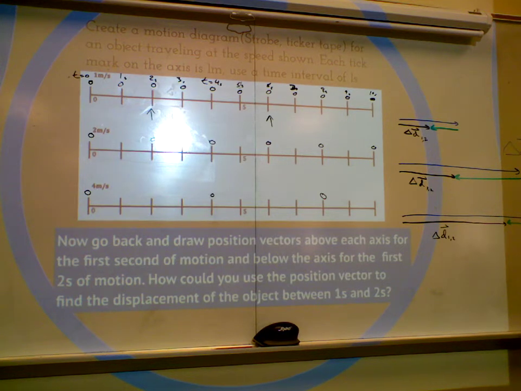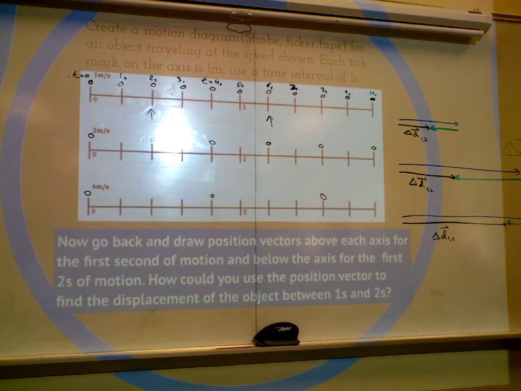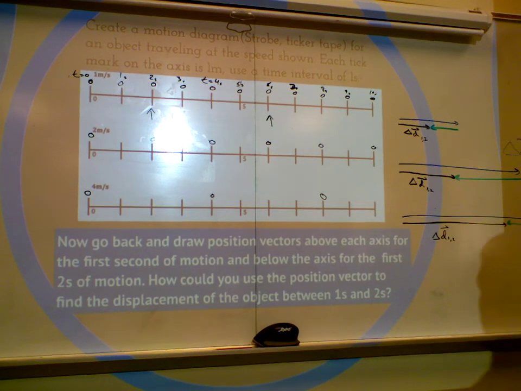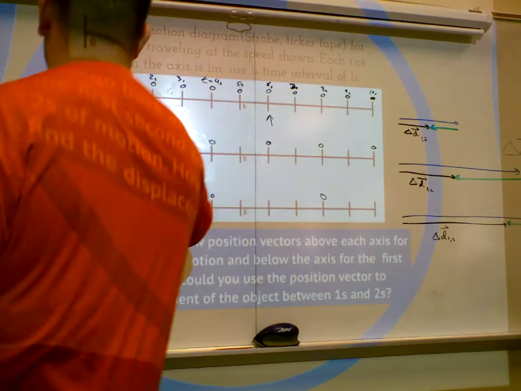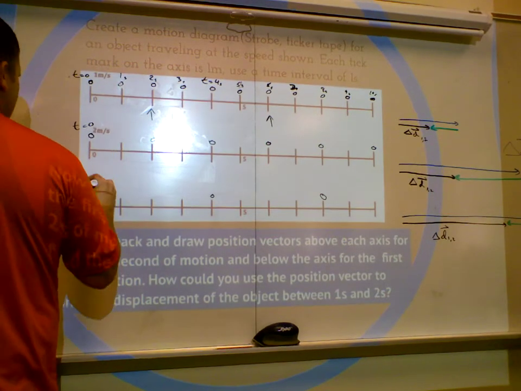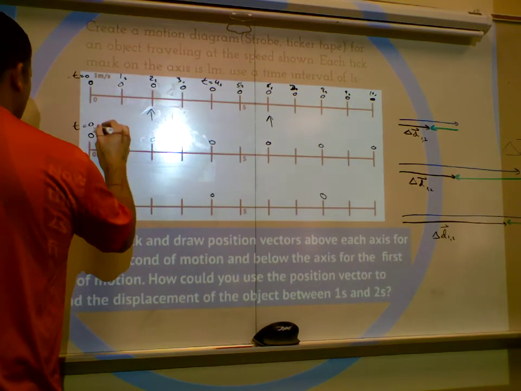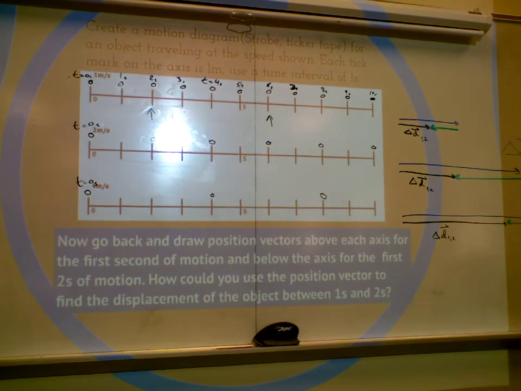Now the first dots all have time of what? 0. Like all these objects that are moving are equipped with a stopwatch, and once they start moving, that's when their stopwatch starts. So all those initial times are 0. So figure out the time interval between the first and the last on each motion diagram.